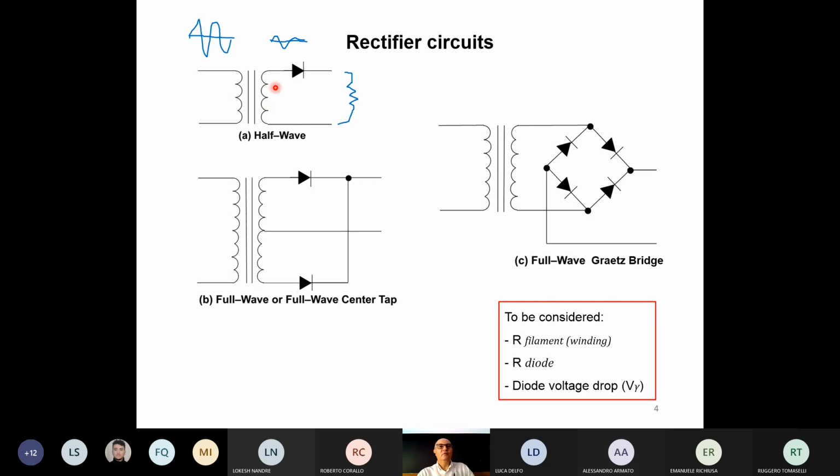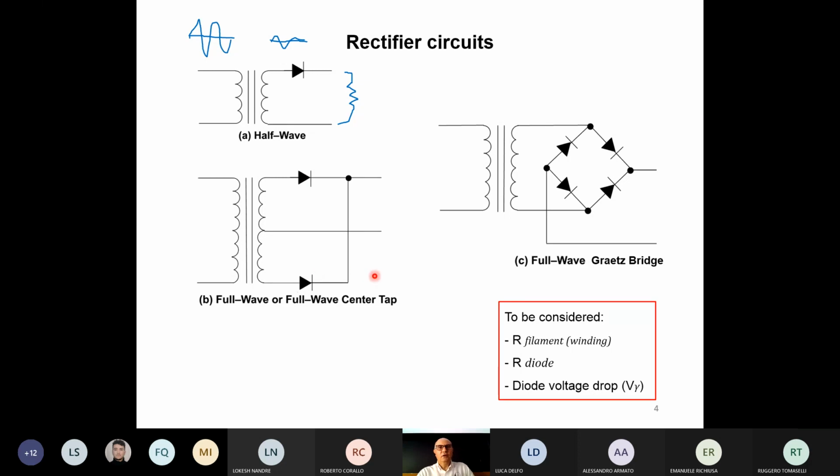So if in the half wave you needed 10 coils, 10 turns for the secondary, here you need 10 plus 10, 20 coils. This means that you need 2 times the copper you needed for the secondary windings. And this can be very expensive now that copper is very expensive. And also the transformer is heavy because it has a double winding for the secondary, okay?